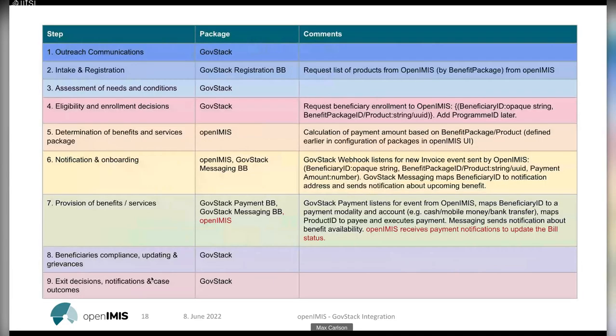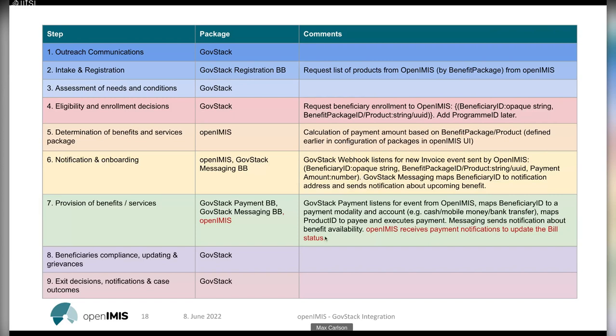Here's another view of that, and it talks about the series of steps that we're going through. Really, the first 4 are GovStack, and then we start handing stuff over. And then this notification onboarding is a hybrid step, right? So we listen for the invoice event or the bill event, and then we map the beneficiary ID to notification addresses and notifications, and then also map the payment amount to the appropriate payment method for that beneficiary and execute the proper payment, right?